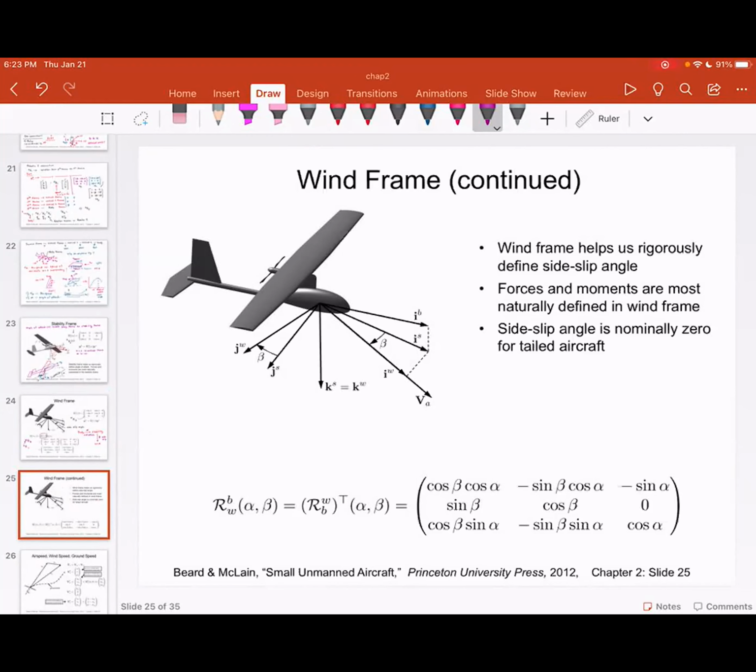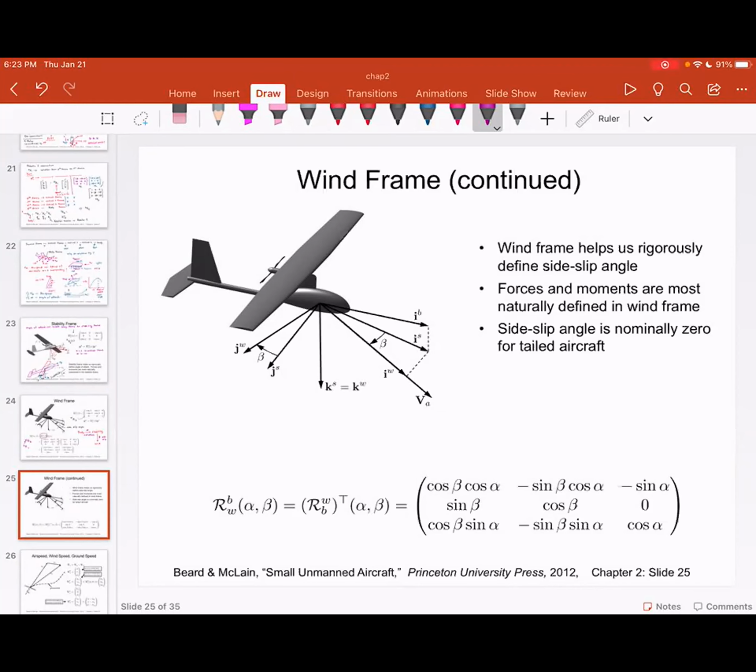So we are going to derive the expression for forces in the appropriate frame, and then use those relationships to find out the position, orientation, and velocity of the aircraft.